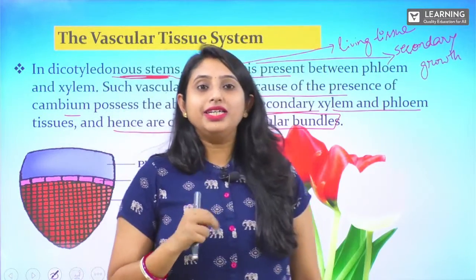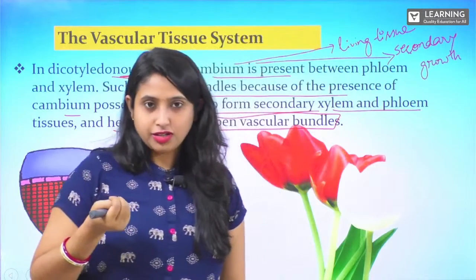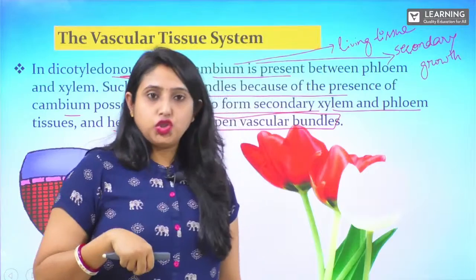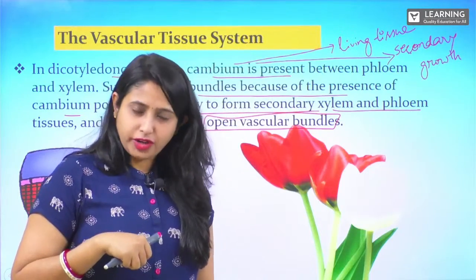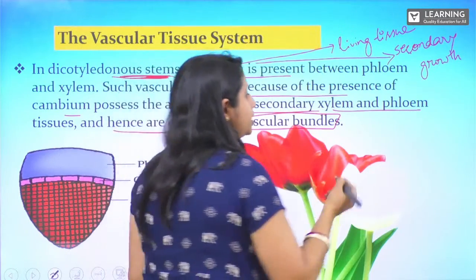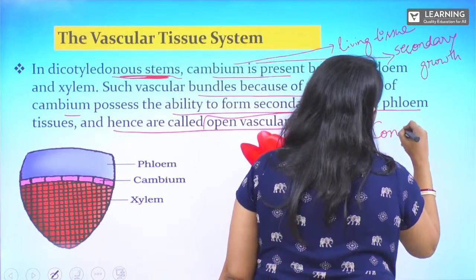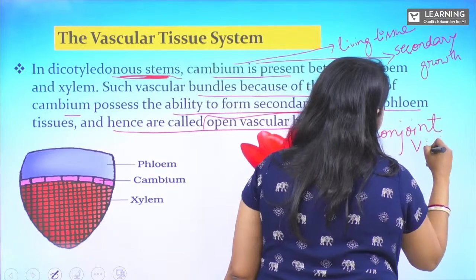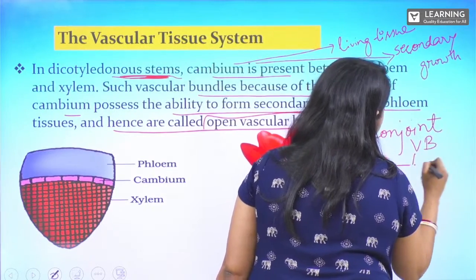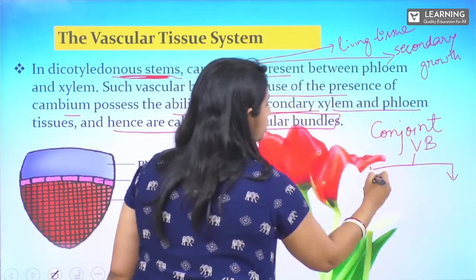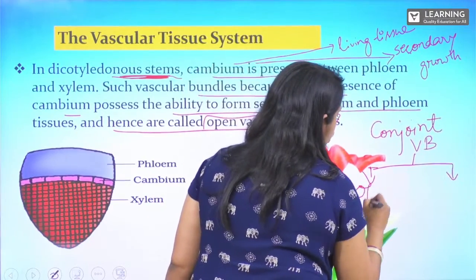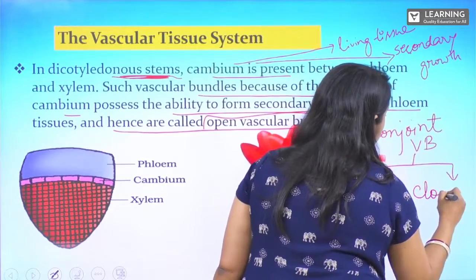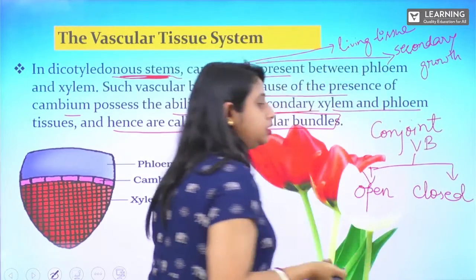So there are basically 3 types of vascular bundle. One is your radial vascular bundle, second one is your conjoined, and third one is your concentric vascular bundle. This conjoined vascular bundle is again divided into 2 types: one is your open vascular bundle, another is your closed vascular bundle.